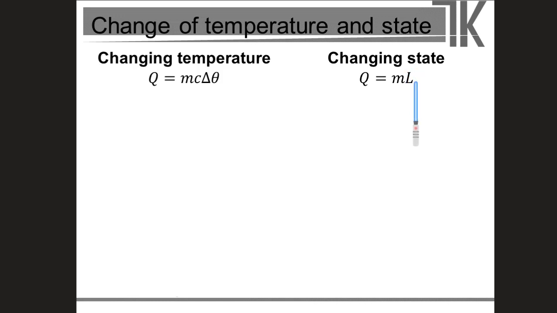And on this side we've got L, which is the specific latent heat. Remember, we need to specify whether it's of fusion, solid to liquid or liquid to solid, or if it's the specific latent heat of vaporization, liquid to gas, gas to liquid, because that will change the number.